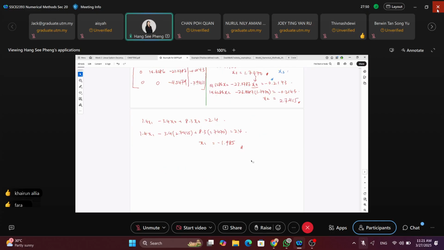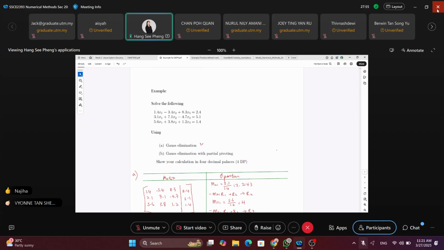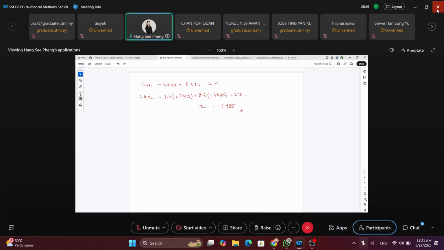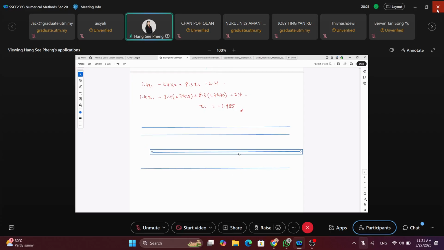Okay, now we go for the next question. Next question, Gauss elimination with partial pivoting. Now we try to see, same format, we draw the matrix. How many steps? We're not sure. Just put it here.